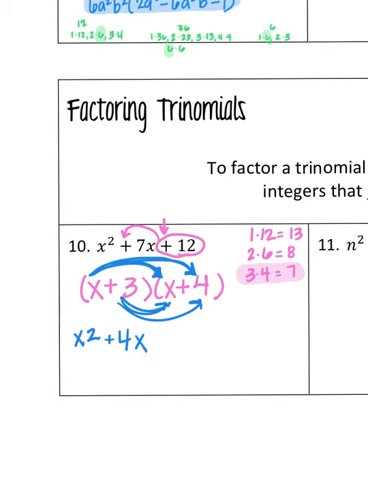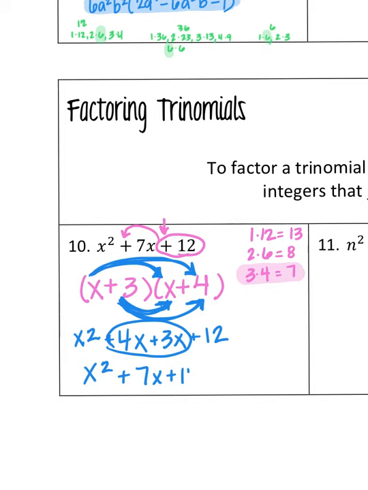I multiply 3 times x, and I get 3x. And then I multiply 3 times 4 and get 12. And then I can combine these two, and I get x squared plus 7x plus 12. And it works. So then this is in fact the answer.